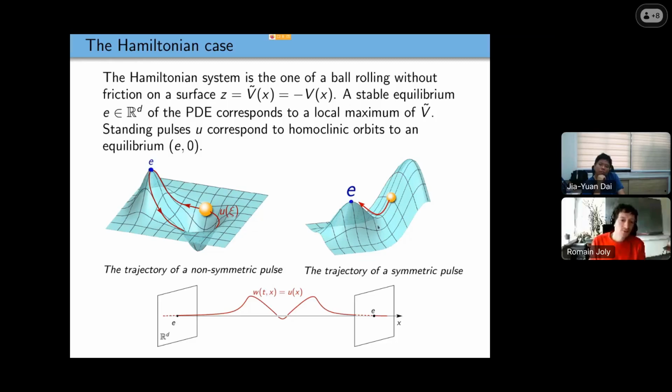Okay, so to understand what the possible pulses are, this kind of pattern in the PDE, you just need to understand what happens for this mechanical system.